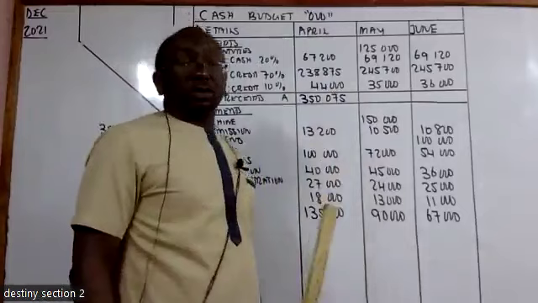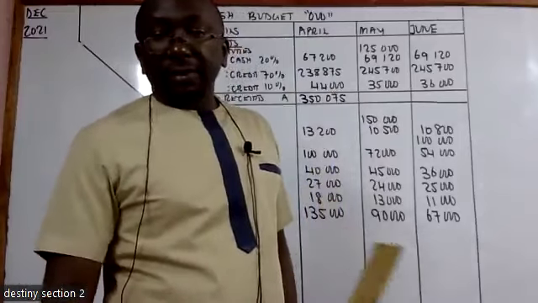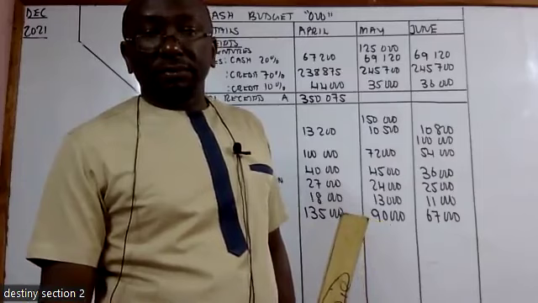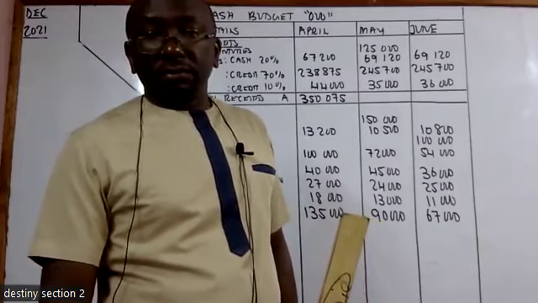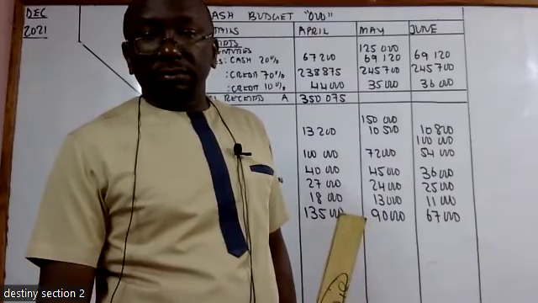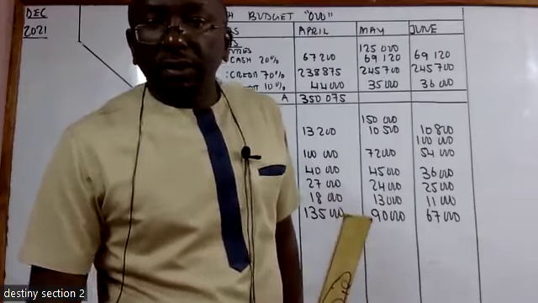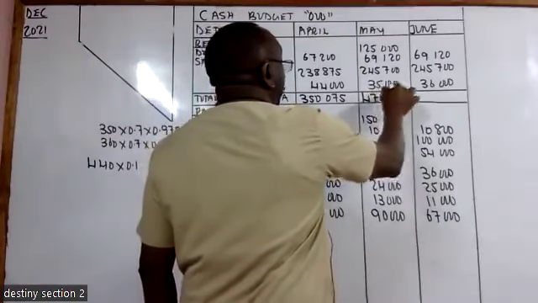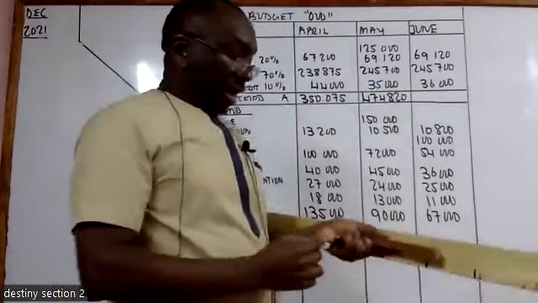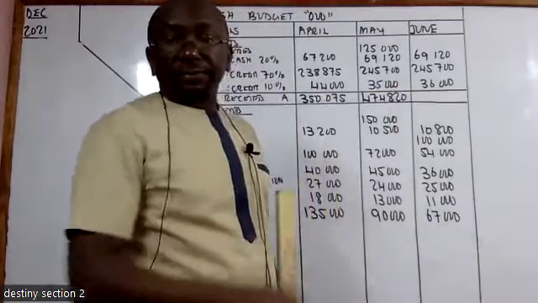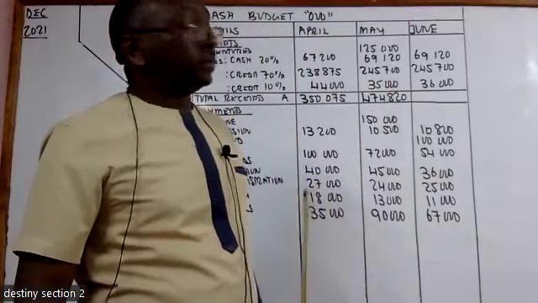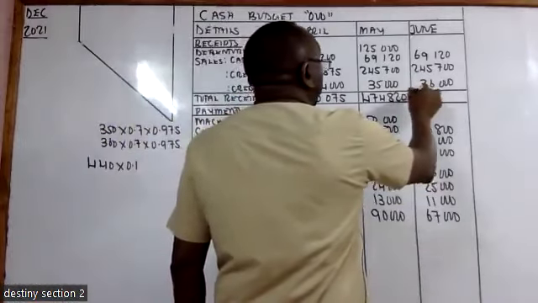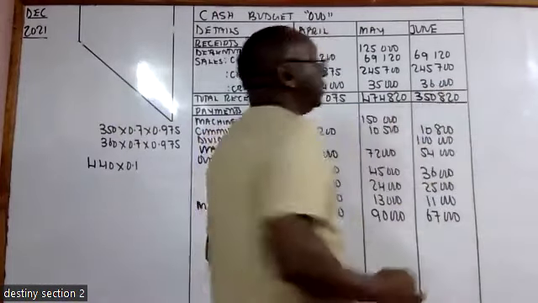So give me the total receipts for May. 474,820. And then the other one, 350,820.